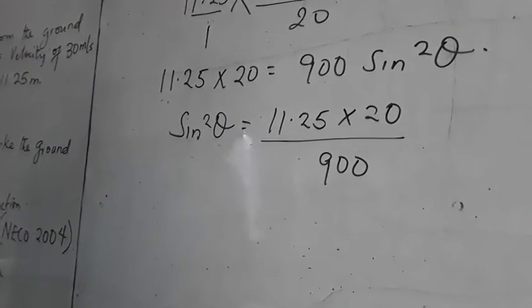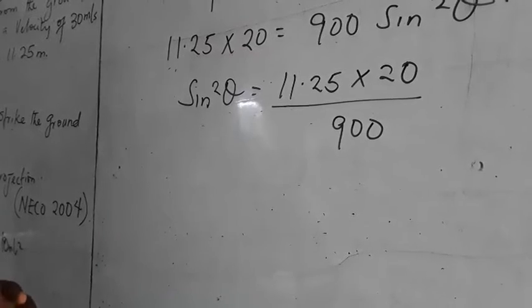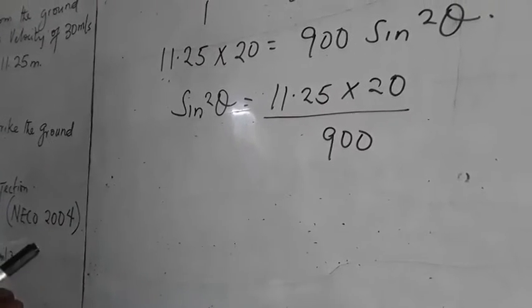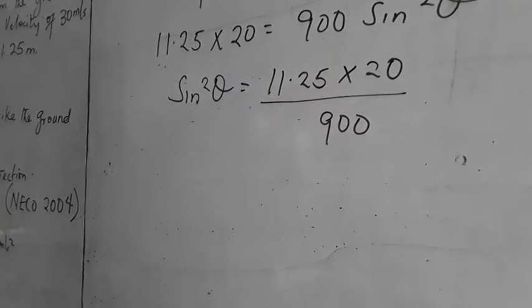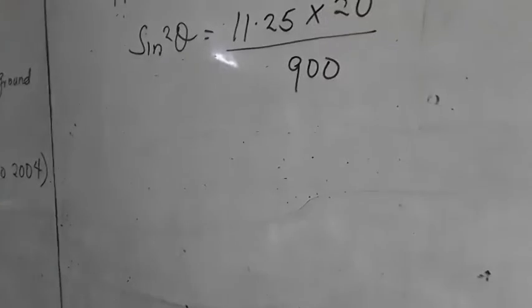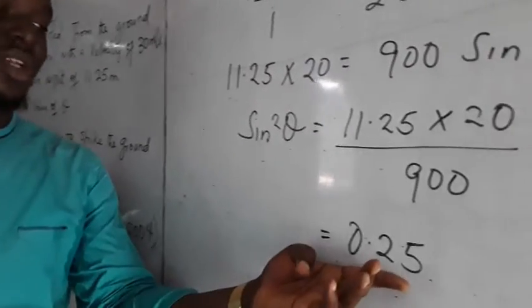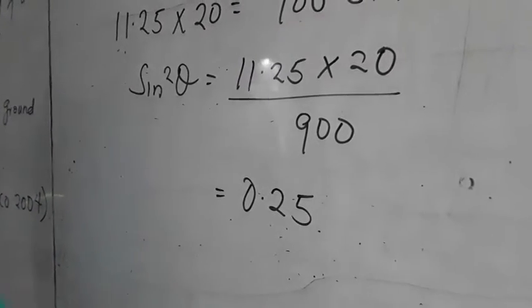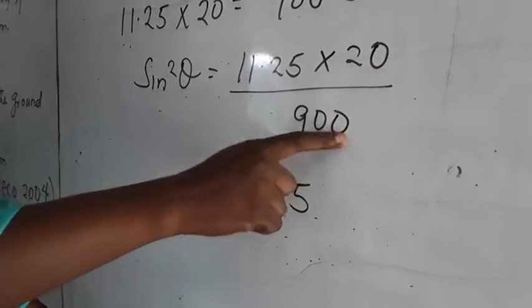Then I want you to punch your calculator first before I give you time. I'm coming. So I'm very sure that you have actually punched your calculator, and I'm very sure that you know how to punch a calculator. You have this one multiplied by this divided by this.